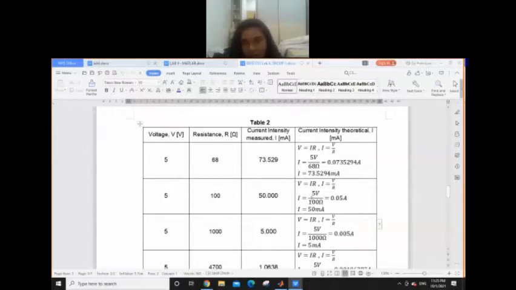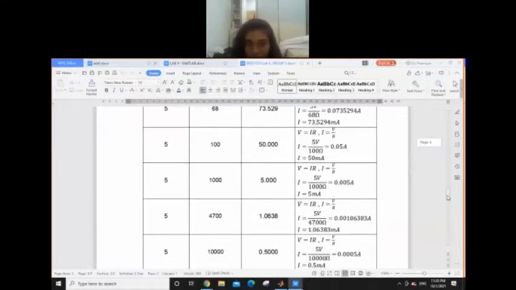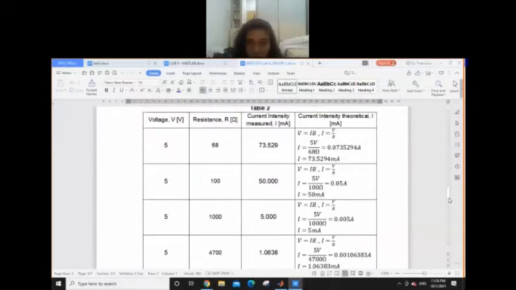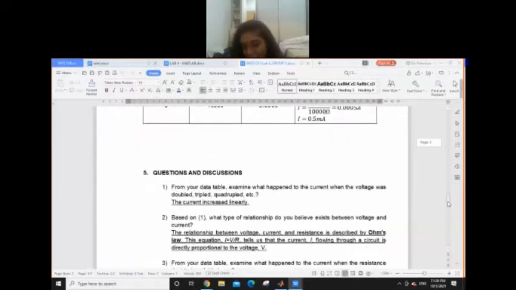It's almost the same. Maybe some decimal places are quite different, but it's the same value. When the resistance is high, the current will decrease. So that is what we got from this lab.